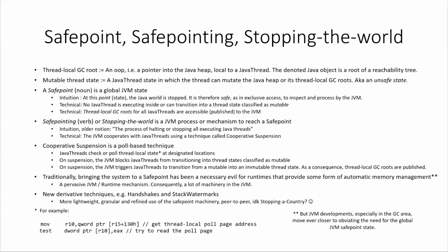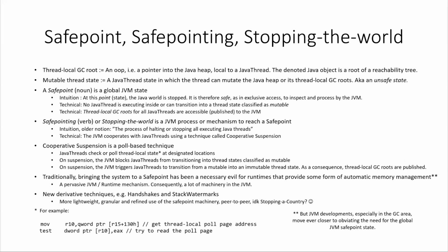There are new derivative techniques, for example handshakes and stack watermarks, which are a more lightweight or granular, more peer-to-peer refined use of the safe point machinery. If we do an analogy to stopping the world, perhaps an analogy would be stopping a country.